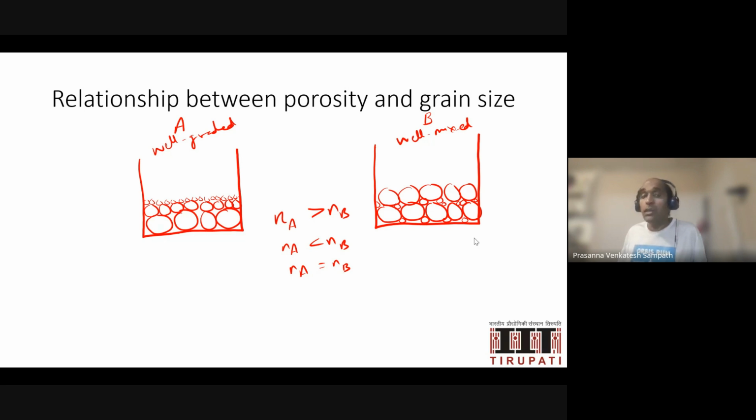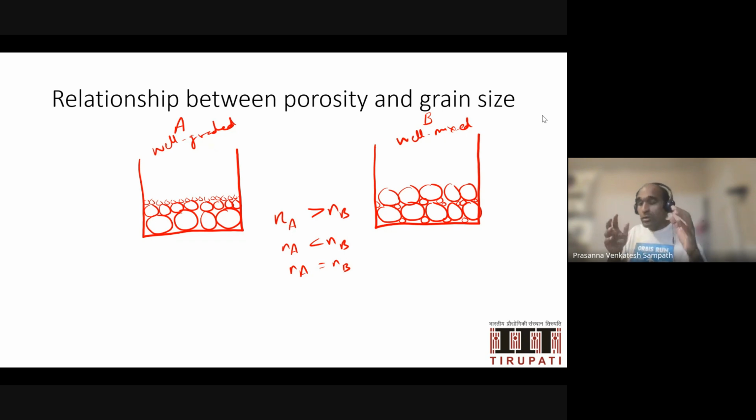The porosity of the well graded beaker will obviously be greater than the porosity of the well mixed one. Why? Because when you are well mixed, the smaller particles are occupying the pore volume between the larger particles.